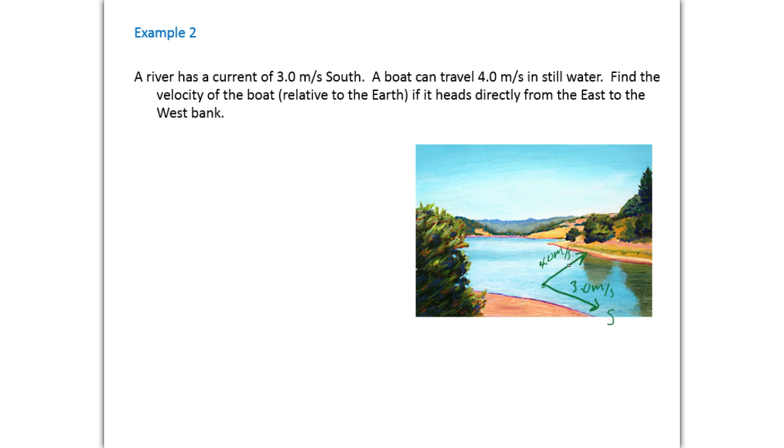And if the boat's trying to move across and the river's pushing it downstream, well, we know that the boat should end up somewhere over here. Now that may be a little hard to see, so let me just change the color there. So if the boat's heading across here, but the river's moving it down, the boat should end up somewhere over here.